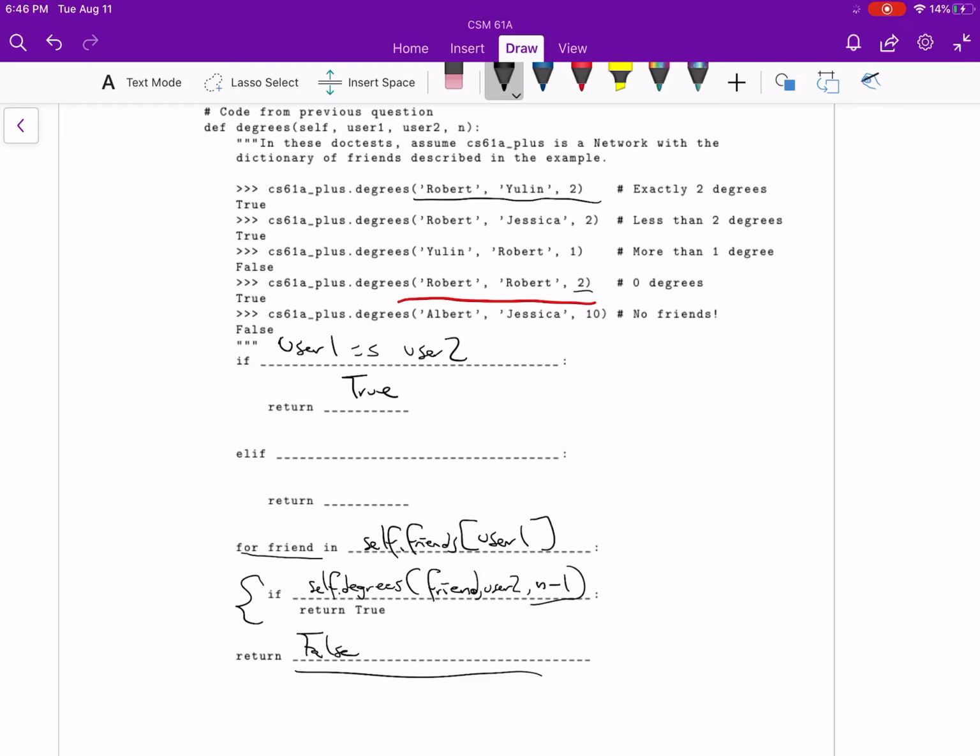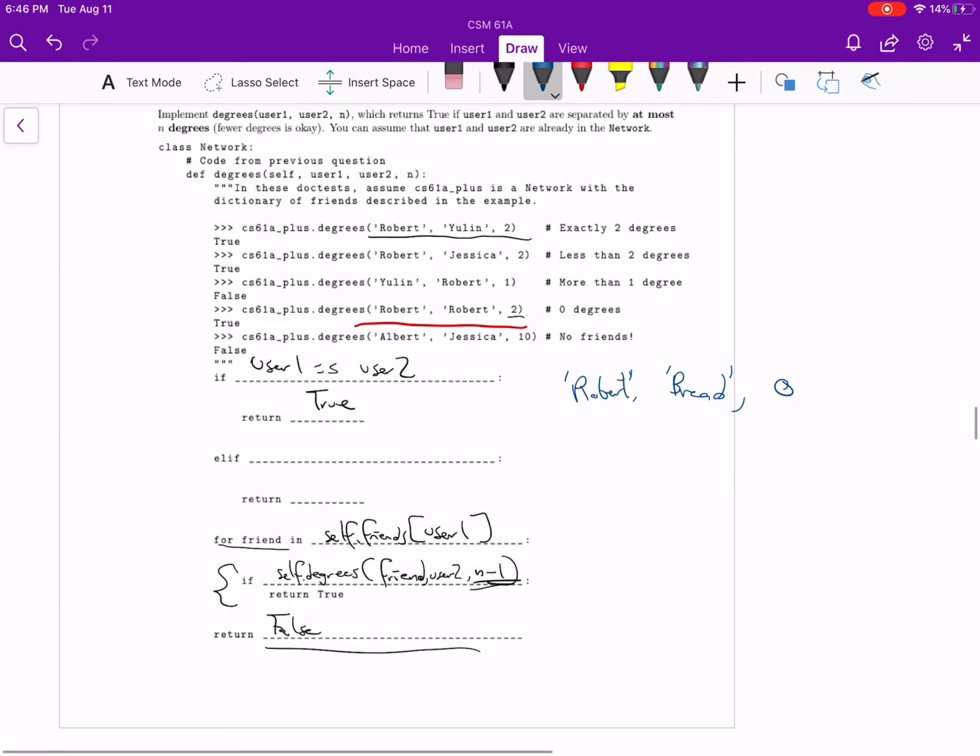But what if we've gone all the way and we've decremented this n all the way down to 0, and still we have some input like Robert and bread, comma 0? Well, it will not return true, ever, because Robert and Bread are not 0 degrees of separation because they are not equal.